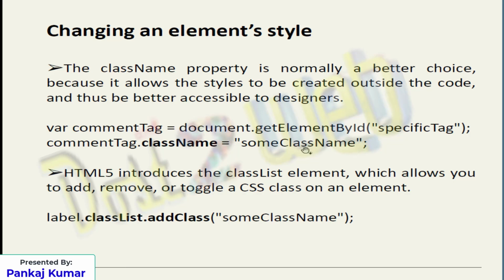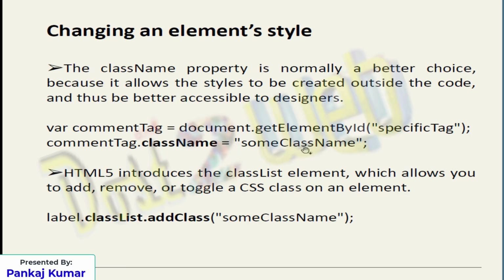And especially HTML5 introduces the classList element, which is not possible in earlier versions of HTML, remember guys. Now mostly people develop their applications based on HTML5, or you say responsive, or you say bootstrap.